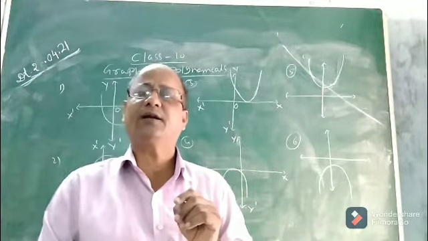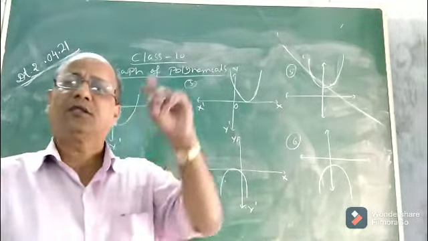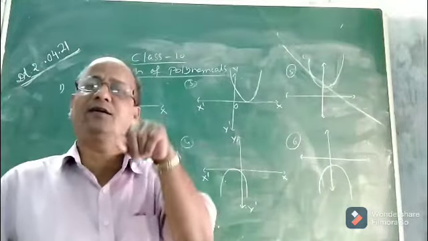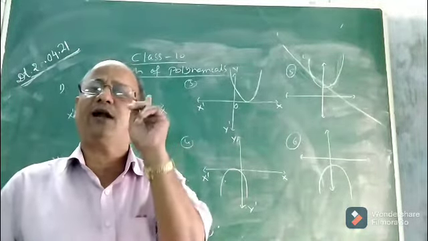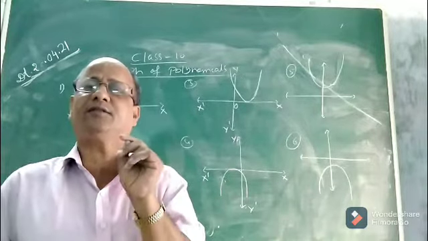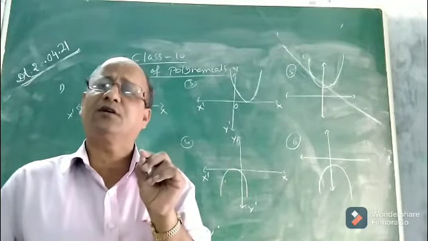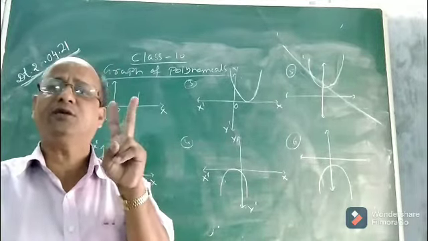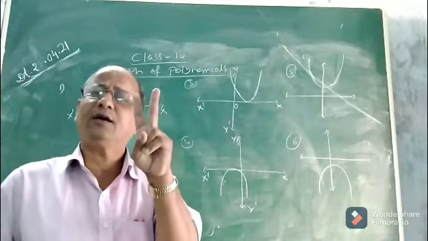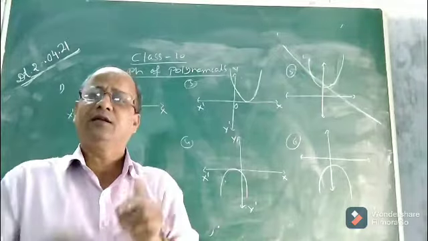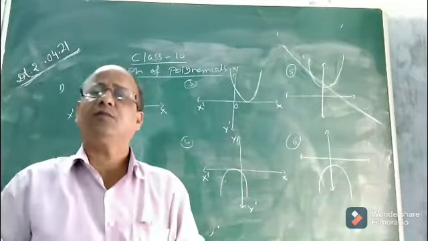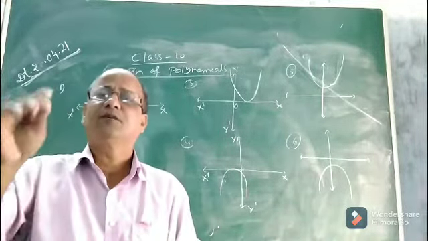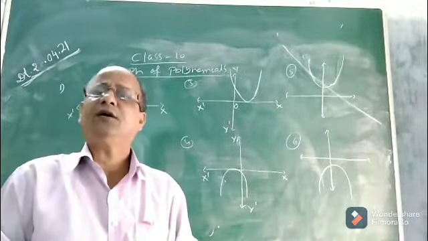One more thing also I had said, children, you recall, the graph may touch the x-axis at exactly one point. In that case, what was the conclusion? The conclusion was the polynomial has 2 equal zeros. That means if a polynomial has 2 equal zeros, then the parabola which will be obtained will touch the x-axis exactly at one point.